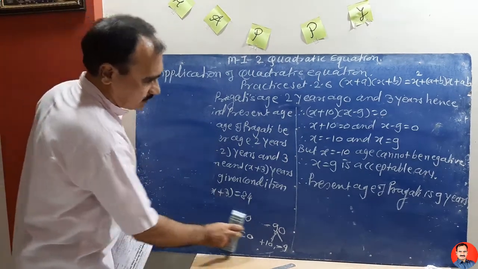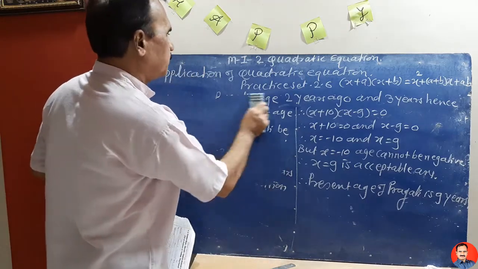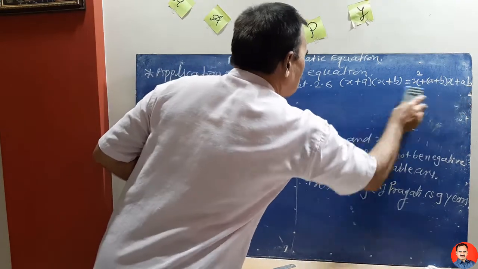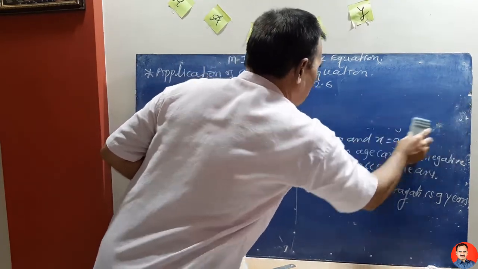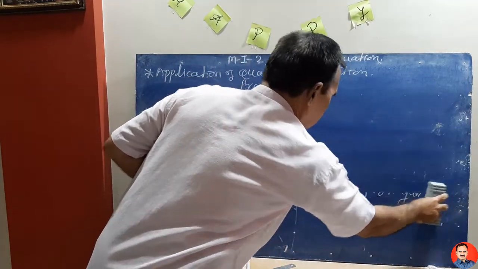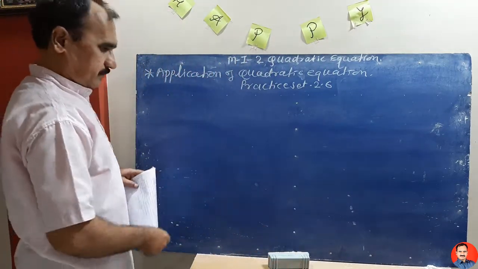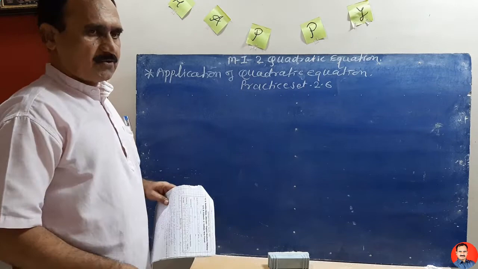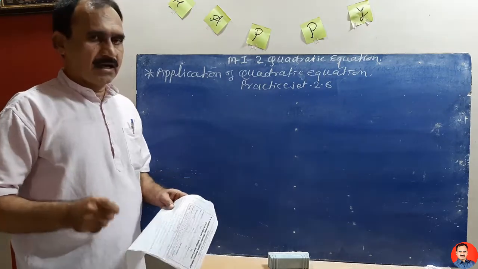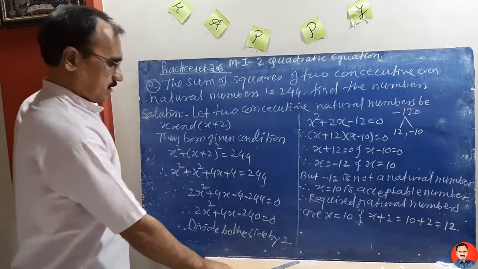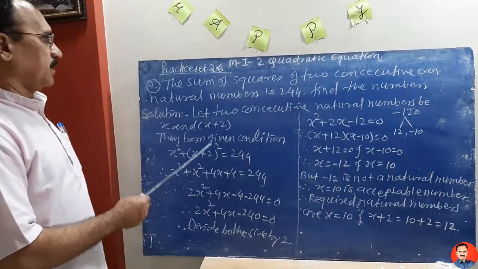You read and write the second example in your notebook. And here we will see how to prepare the quadratic equation from the second example, which condition is given there. For that purpose, you write first, read and write the second example. Read carefully first.